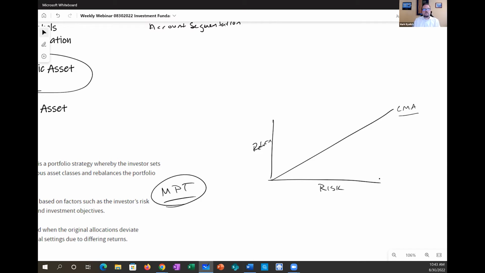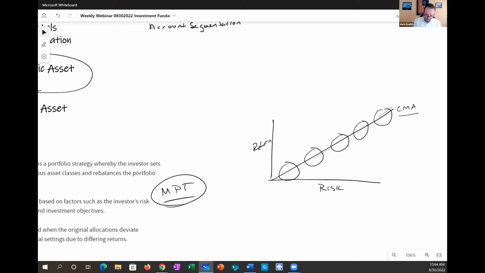But we choose whichever one fits, and there's not much deviation there, but it's just what should the growth be, and that changes from time to time. But strategic asset allocation says for a given amount of risk, you get a certain amount of return. So these portfolios sit on this capital market assumption line.